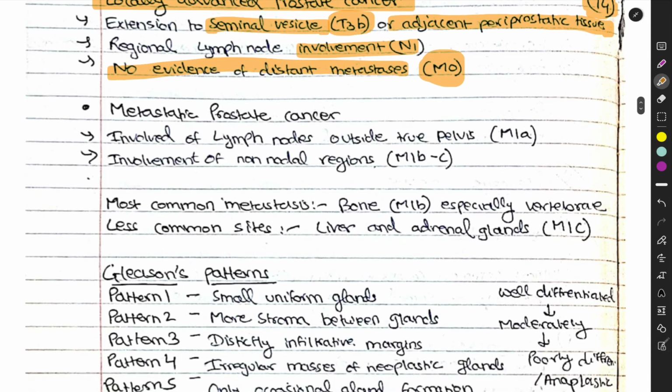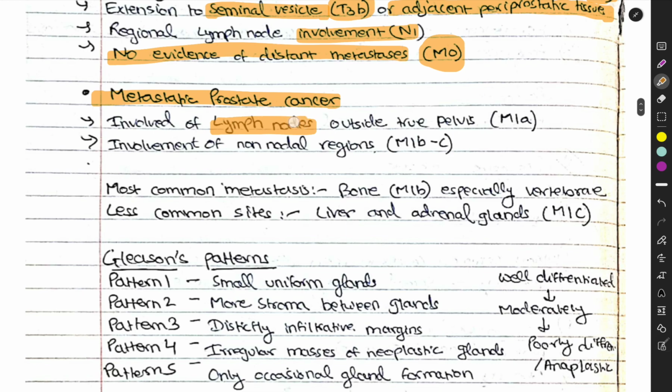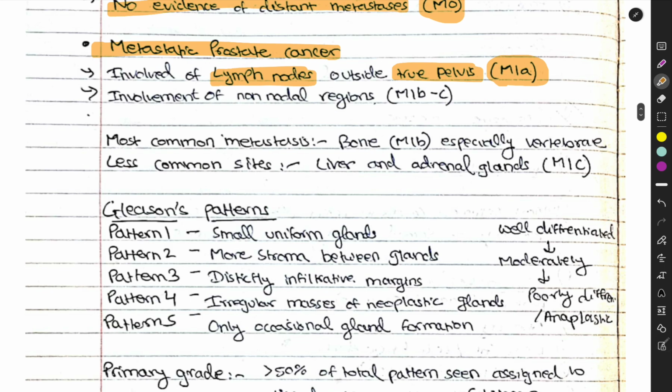Now you have metastatic prostate cancer, which will have involvement of lymph nodes outside the true pelvis, called M1A. Sorry, if there is involvement of a non-nodal region, then you have M1B and C. B is for bone and C is for liver and adrenal glands.